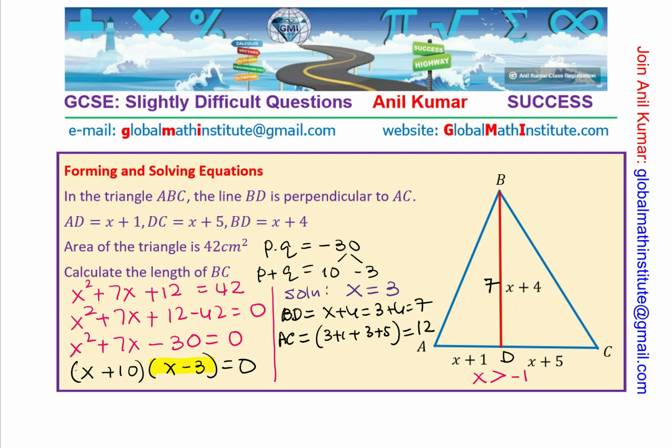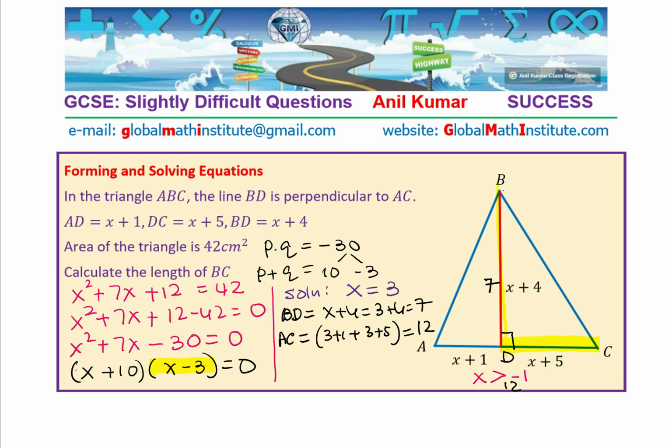So we get 12 as AC. Correct? So now we know this total length is 12. But strictly speaking, we need to find BC. Makes sense? So to find BC, we should actually calculate what is DC. Correct. So we know BD is 7.